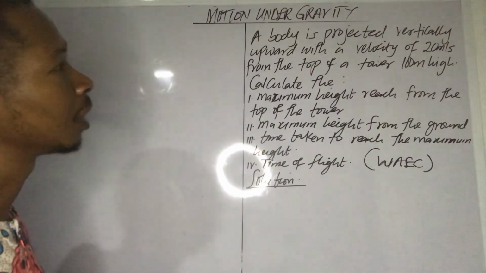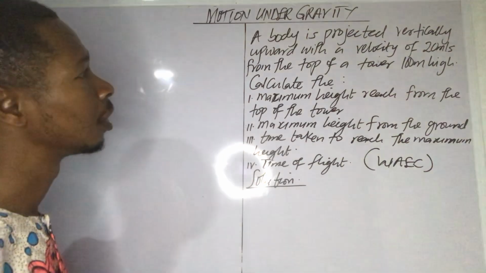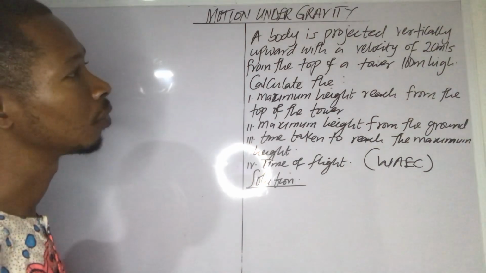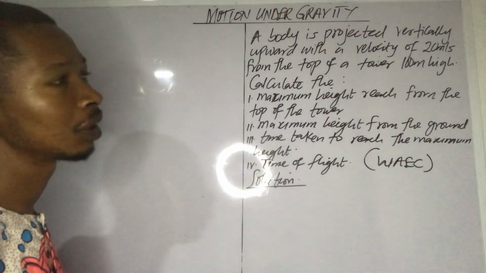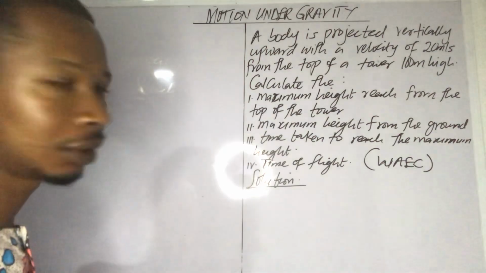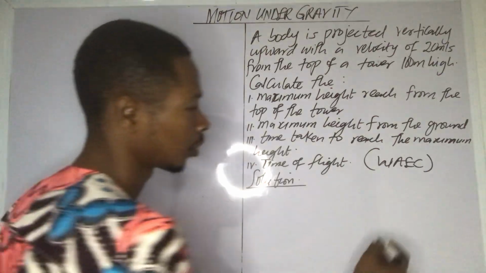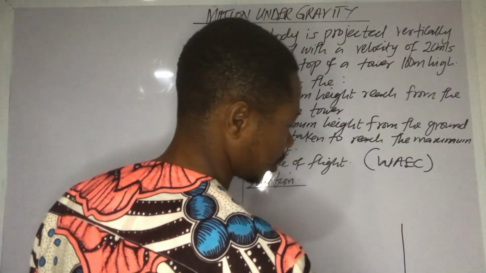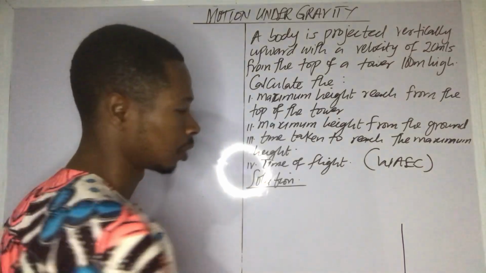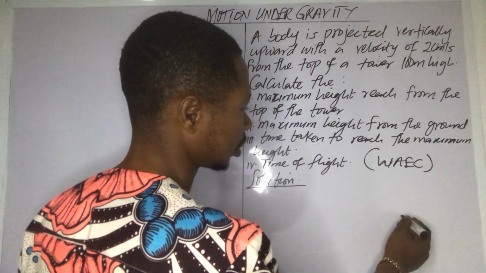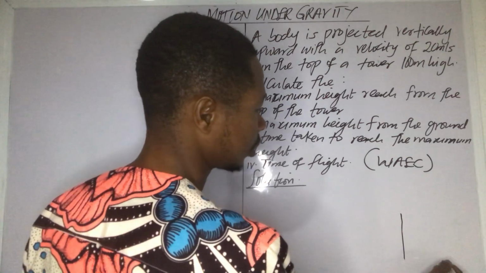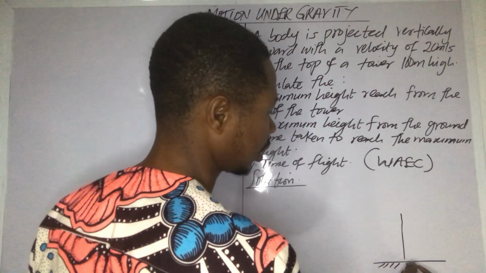A body is projected from the top of a tower with a velocity of 20 meters per second. The tower is 100 meters high. That means you have a tower which is 100 meters high from the ground. This is the ground level.